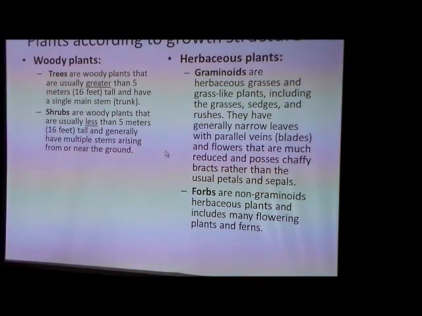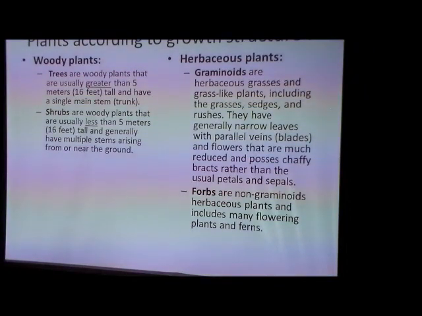We're going to end up going into forbs a lot. If anybody wants to study grasses, sedges, and rushes, all I remember is: sedges have edges, rushes are round. That's how you tell a sedge from a rush, and grasses are anything else, just about.